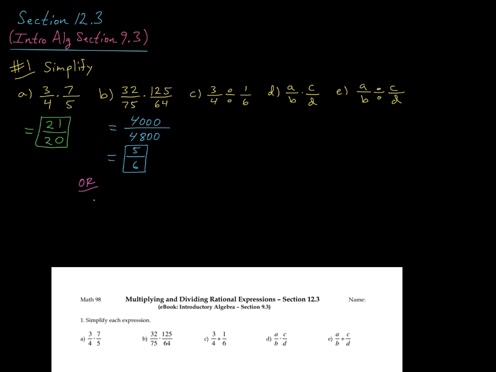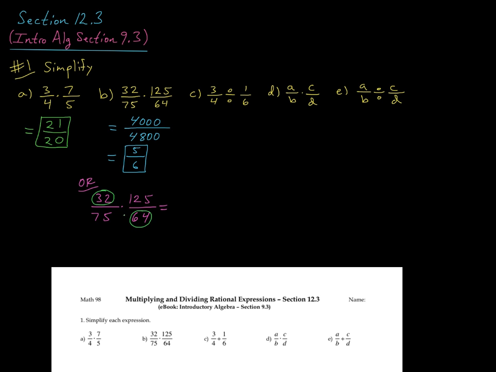And so what I want to do now is show you a slightly different way to do this same problem that's going to really help us when we start looking at problems involving variables. Okay, so an alternative method here is to notice, hey, the 32 and the 64, these two share a factor of 32.